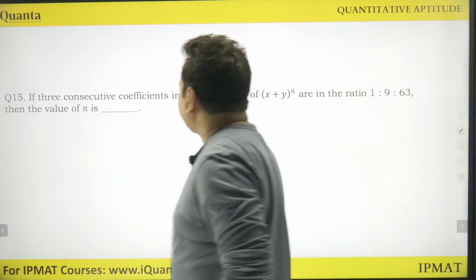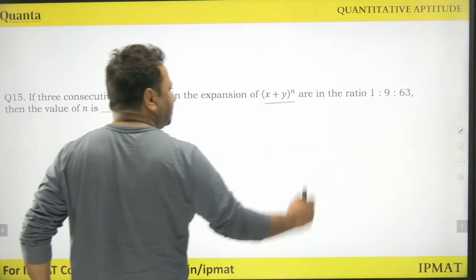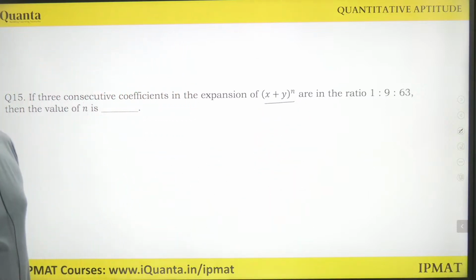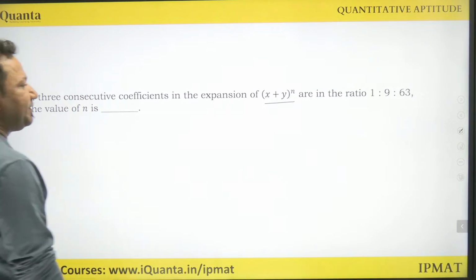If three consecutive coefficients in the expansion of (x + y)^n are in the ratio 1:9:63, then the value of n is what? Alright. So what can be done?